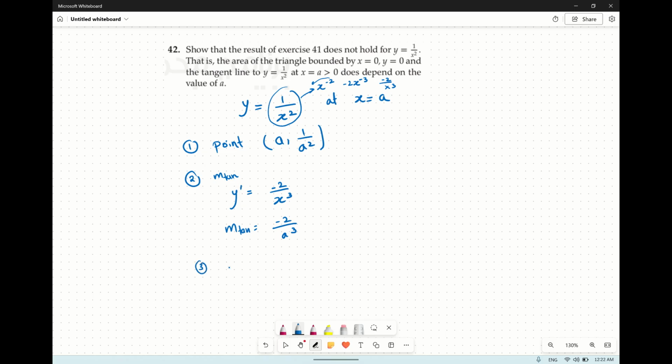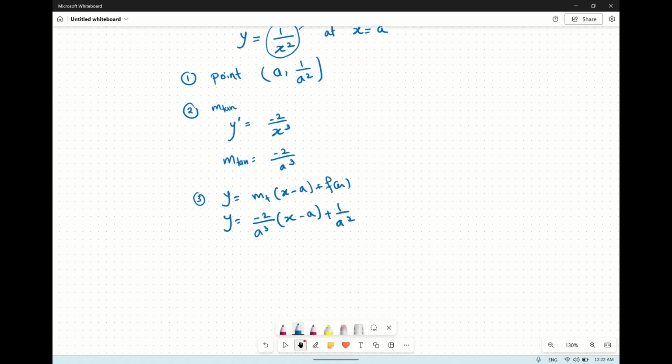Okay, step number 3, I need the equation: y equals m of the tangent times x minus a, plus f of a. So y equals minus 2 over a cubed times x minus a, plus 1 over a squared.